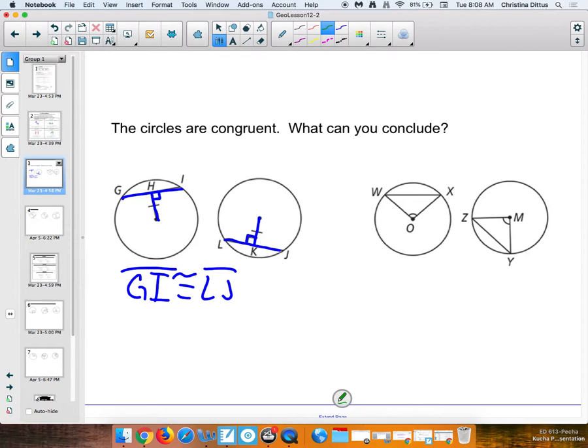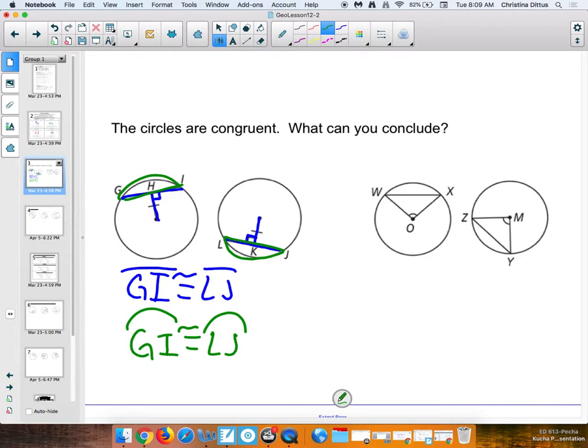Okay. Well, since now these lines are equal, can I say anything about some arcs? Yeah. It's the exact same letters, but you gotta put arc signs on it. Have you ever done arc signs? Yeah. They're kind of fun. Arc GI is congruent to arc LJ.